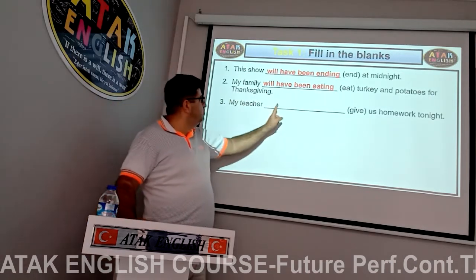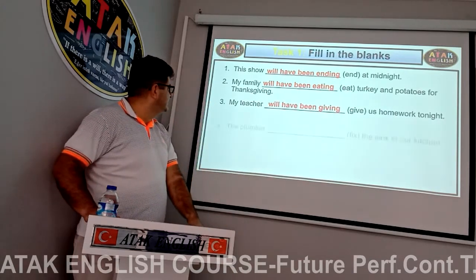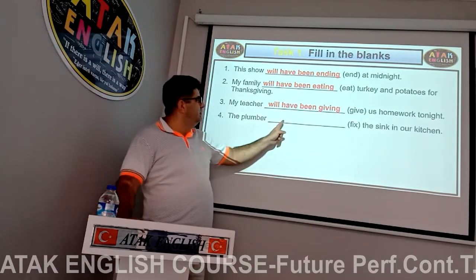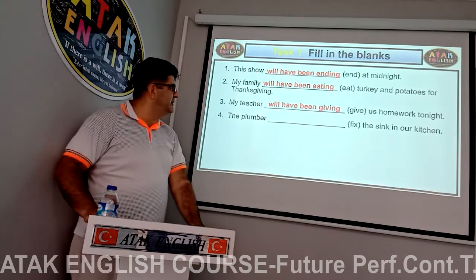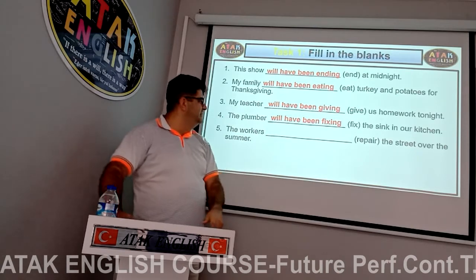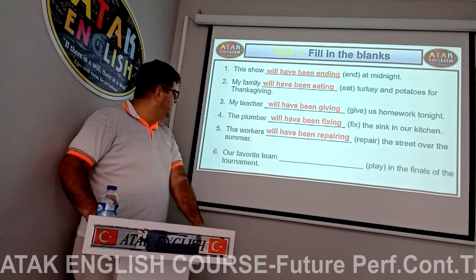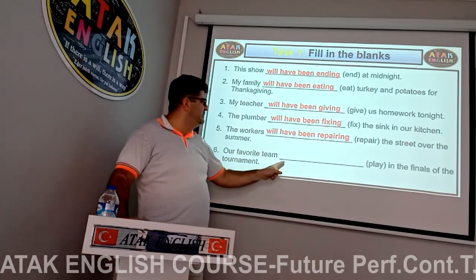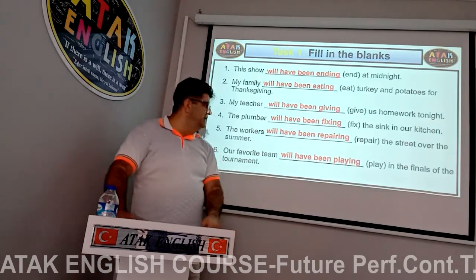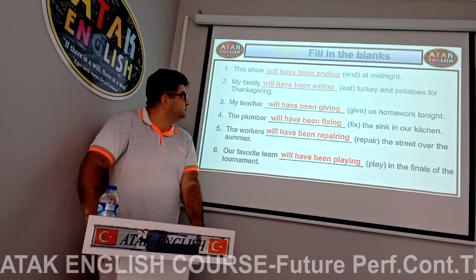My teacher will have been giving us homework tonight. The plumber will have been fixing the sink in our kitchen. The workers will have been repairing the street over the summer. And finally, our favorite team will have been playing in the finals of the tournament.